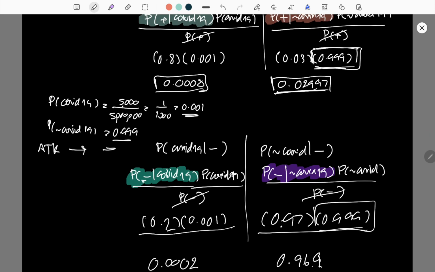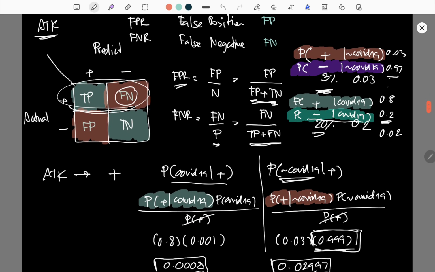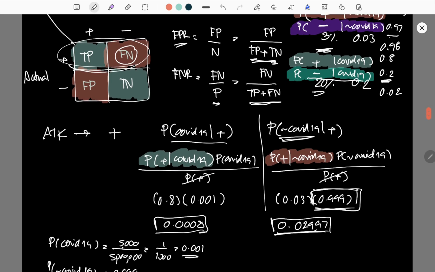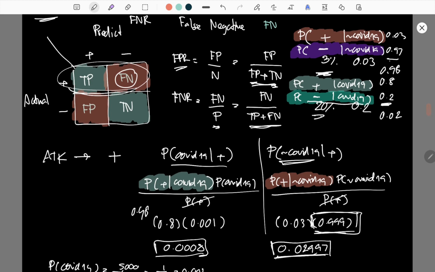So in some cases, you may think that I need some ATK that gives these values much better than this. For example, 0.002, and this one is 0.98. So this one will be 0.98, right?